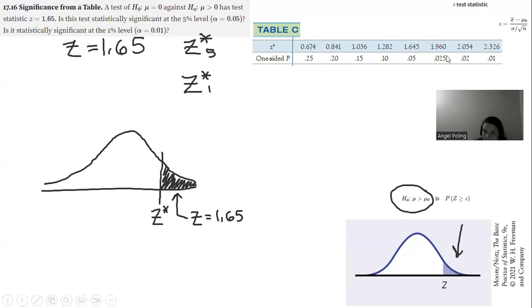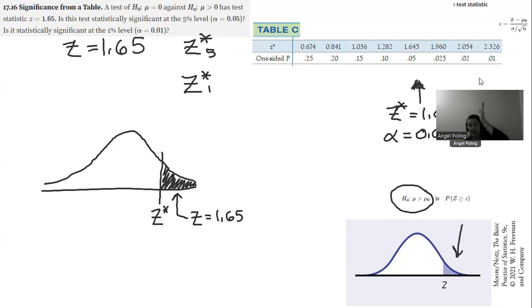Oh, I don't know if you can see it because there's like a picture blocking on my screen. But right here we've got a z-star of 1.645. And below it, we've got listed a 0.05.